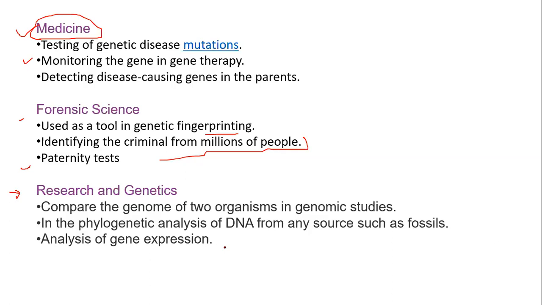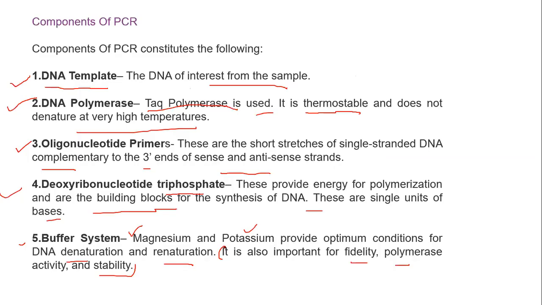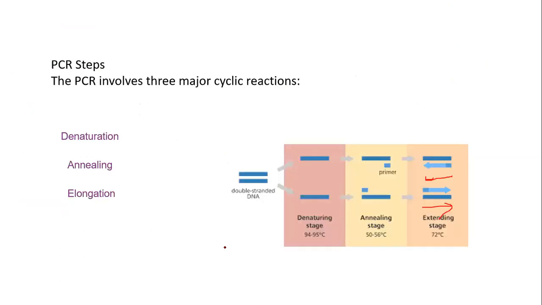See, PCR stands for polymerase chain reaction, correct? What is the principle? We have just gone through it, but again, I'm going to repeat it for you students. The PCR technique is based on enzymatic replication, so we are making replicas of that DNA template. We basically follow three steps. In the first step, denaturation, we do the unwinding.